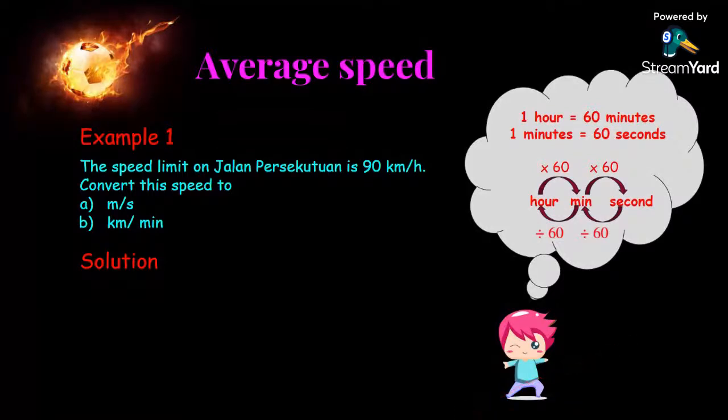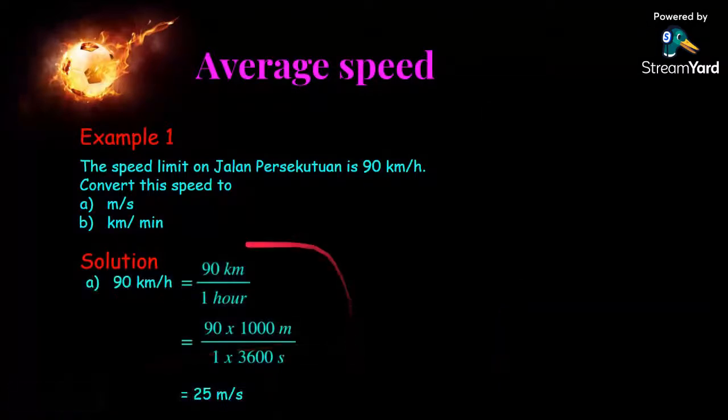Let's continue and look at the solution. Here, 90 km per hour equals 90 km over 1 hour.